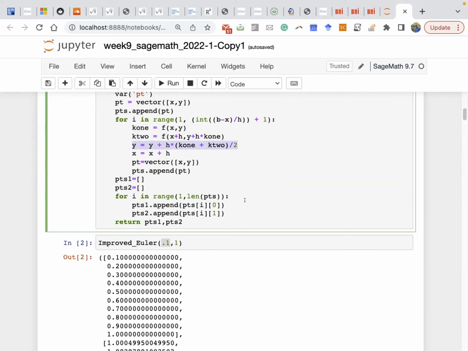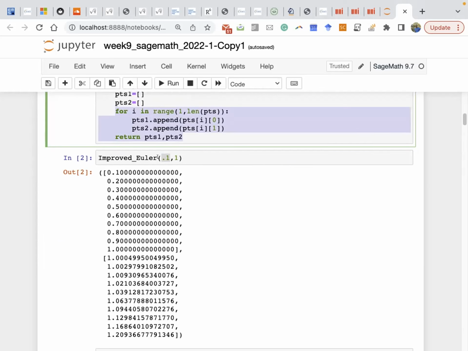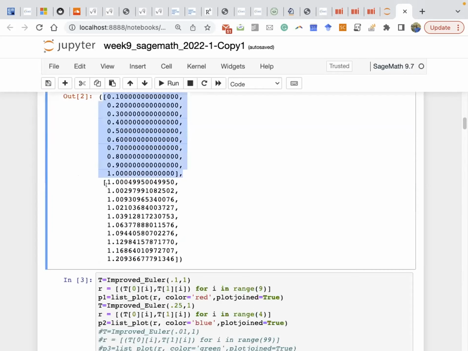After collecting our list, we will collect by these two new lists. I will collect the X collection, and the second one will be the Y collection. Returning X and Y, I will get 1/10, 2/10, 3/10, 4/10, until 1, and correspondingly I will get my y.